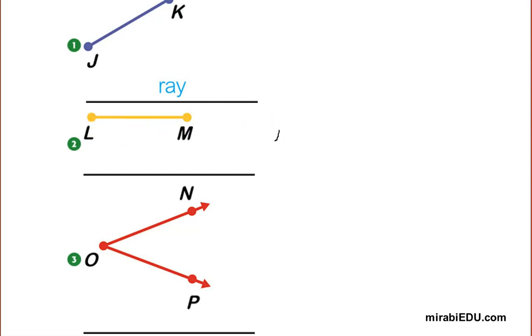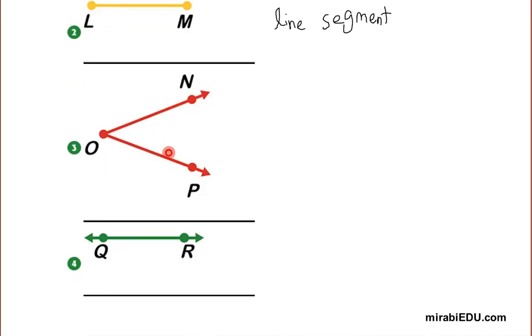So let me write here, it's a line segment. Question number 3, clearly it's an angle. Why? Because it is composed of two rays with a common point. So these two rays have a common point and it forms an angle.